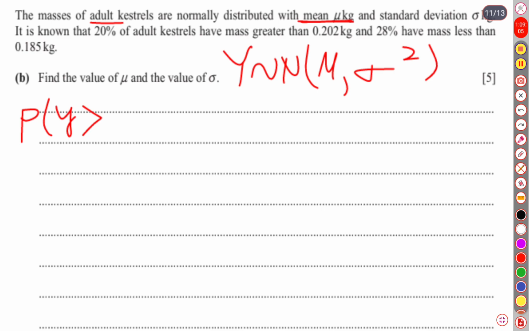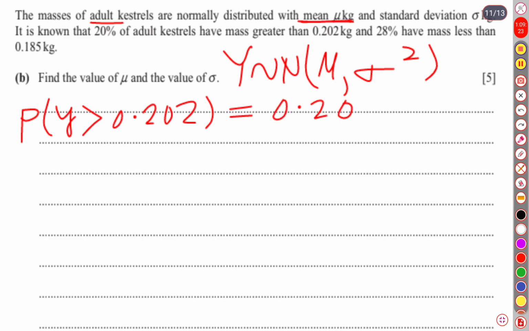So the probability of masses more than 0.202 kg is 0.20, that means 20%.